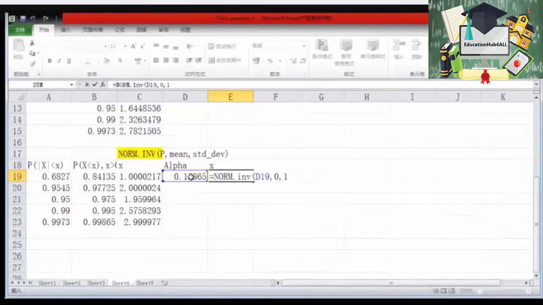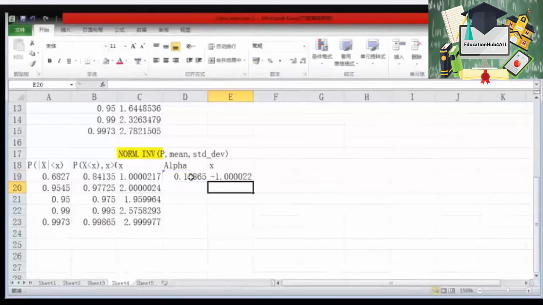Then enter. So it's exactly minus 1. Of course, if you use this area, you will have a 1. Now I think you should have no problem finding the other probabilities. So we stop here today.